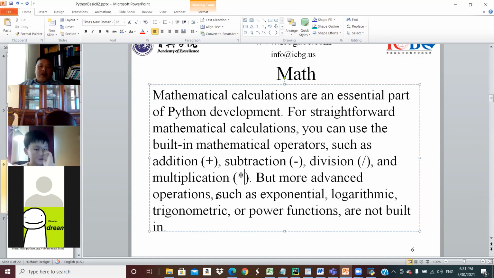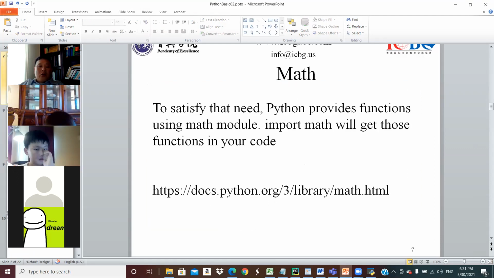For more advanced operations such as exponential, logarithmic, trigonometric or power functions, they are not built in. So when you do these operations, how do you do that in Python? To satisfy that need, Python provides functions using the math module.